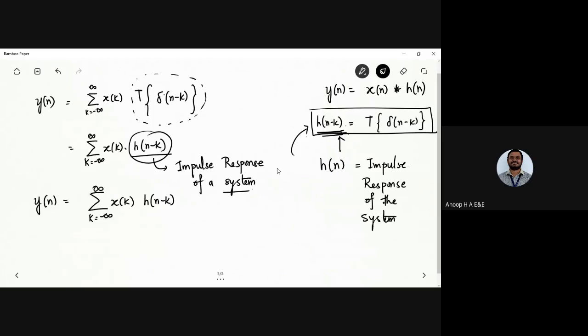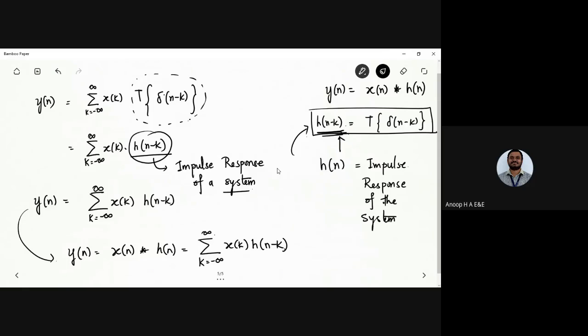As I already defined earlier, this term y of n is called x of n convolved with h of n. That can be written as sigma k equals minus infinity to plus infinity x of k h of n minus k.